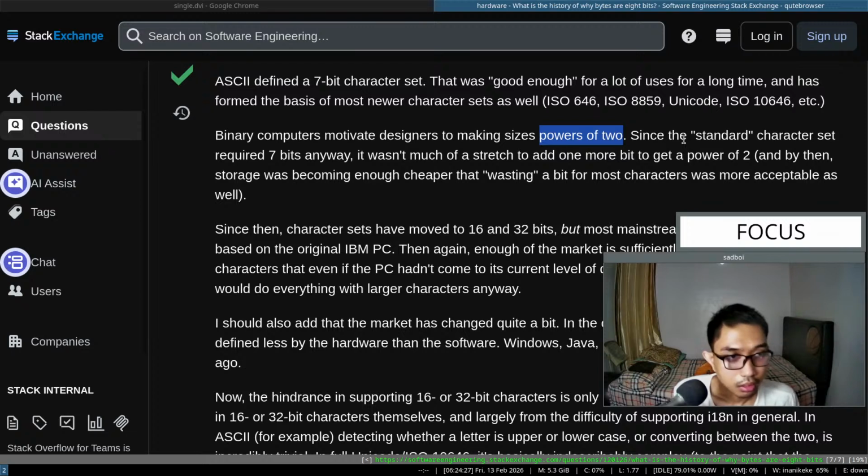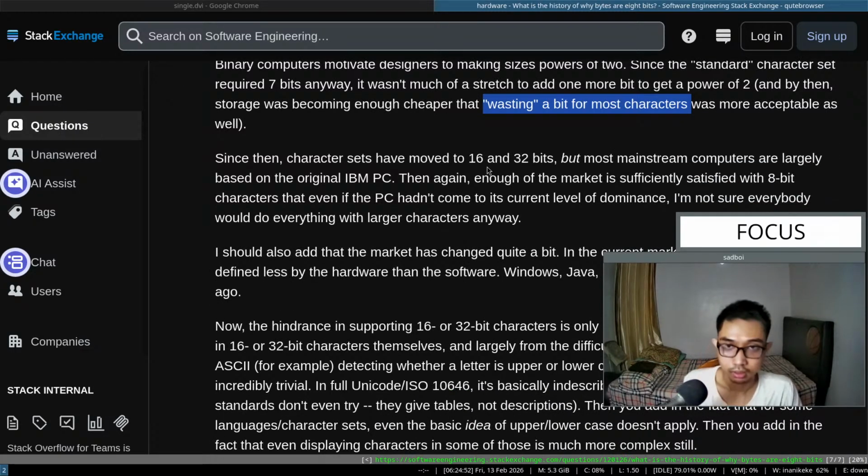Since the standard character set requires 7 bits anyway, it wasn't much of a stress to add one more bit to get a power of 2. And by then storage was becoming cheap enough that wasting a bit for most characters was acceptable as well.